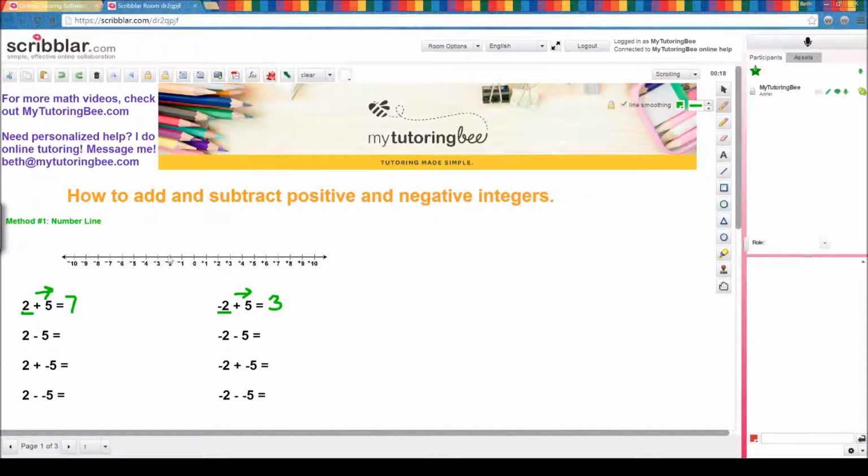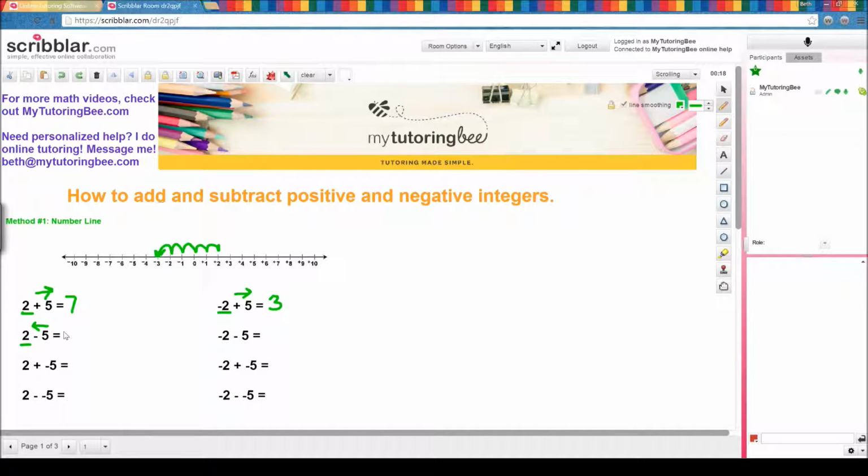When you're subtracting, like in this next problem, we start at the beginning number, which is a positive 2, but this subtraction tells us now to move to the left. So on my number line, I'm just going to start here at positive 2, and this time I'm going to move 5 spaces, 5 units over to the left, and that's going to put me right here at negative 3.